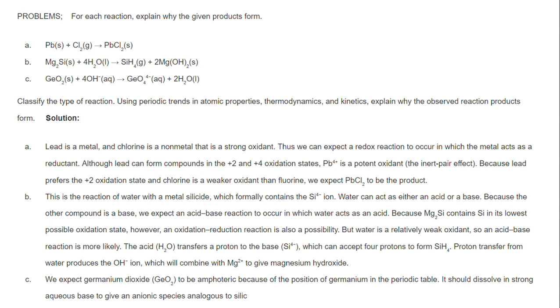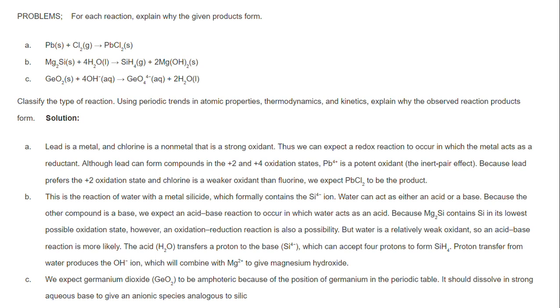The equation given is lead reacting with chlorine, and this will give the product, that is lead chloride, and the solution is also given here. How can we classify this type of reaction using the periodic trends in their atomic properties, thermodynamics, kinetics, and on this basis explain why we observe this type of reaction products.